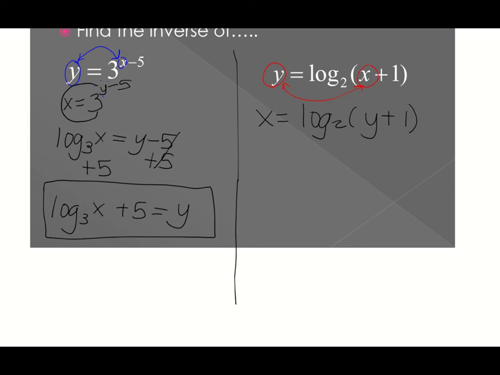Since y plus 1 is in parentheses, we need to change it to an exponential first. To change this to an exponential, we start with our base and we go down and around. So we would have 2 to the x equals y plus 1. Then to get y by itself, we would subtract 1. So we get 2 to the x minus 1 equals y.